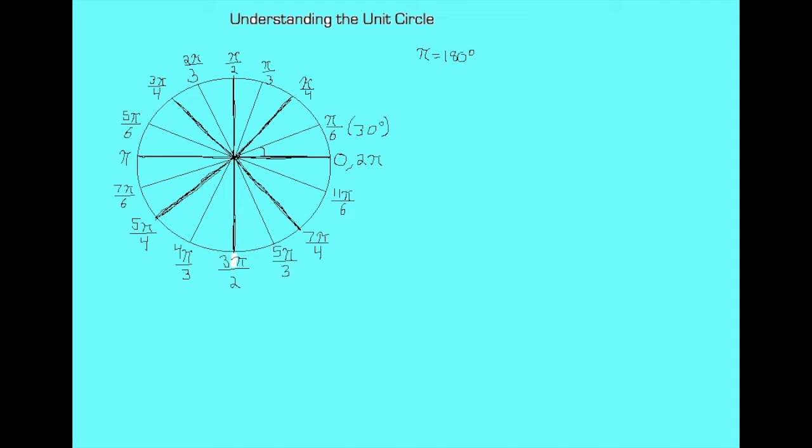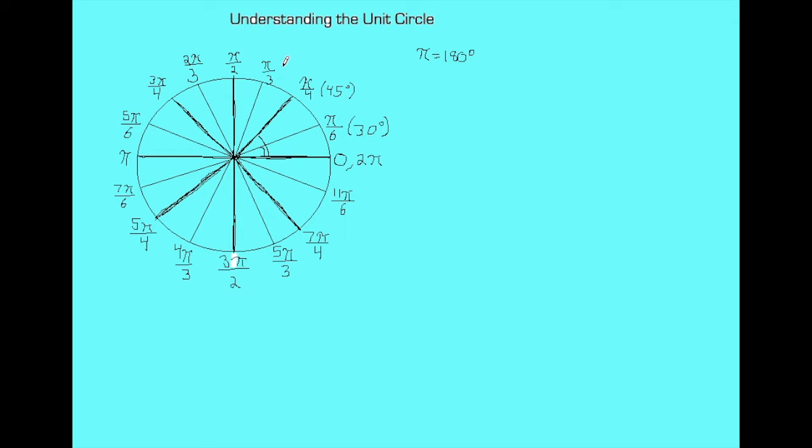Now, we will look at pi over 4. We will substitute 180 for pi and get 180 divided by 4 equals 45. So this whole angle is 45 degrees. Now, we will look at pi over 3.